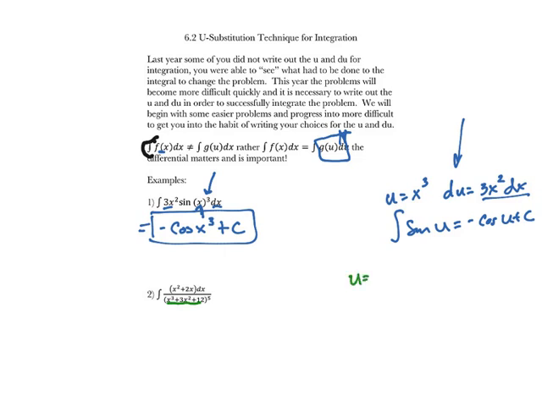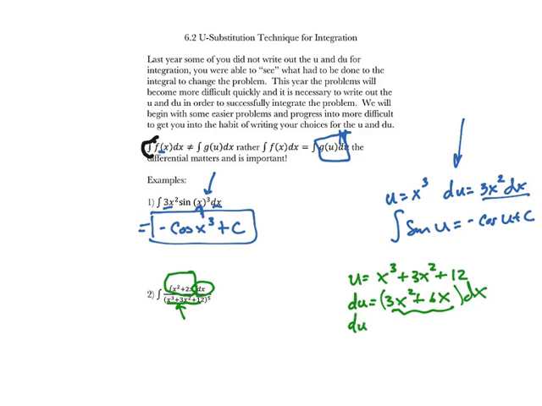And when I do that, x cubed plus 3x squared plus 12, my du is then 3x squared plus 6x dx. Okay, so I see my dx here. I see that's my u.